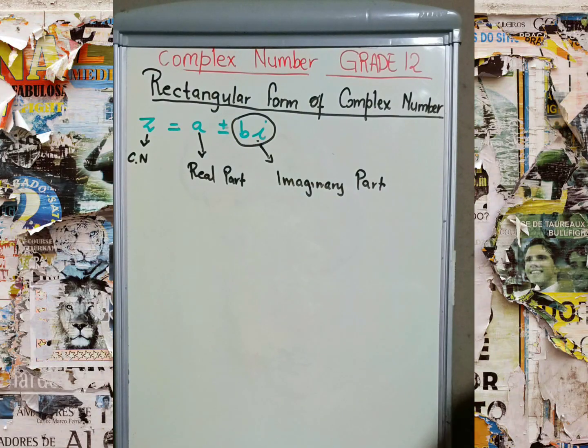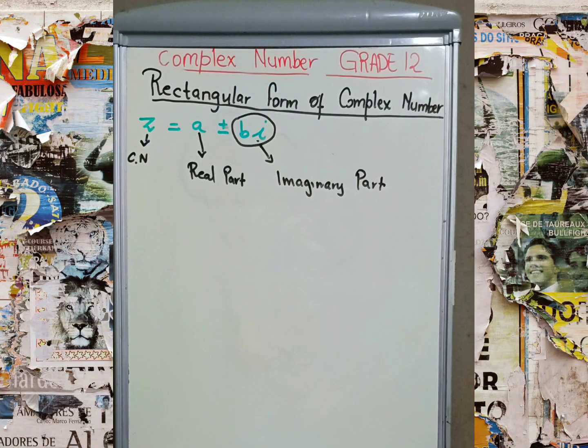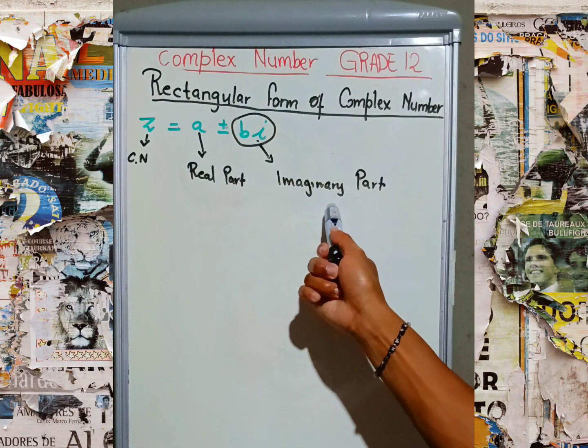Remember the introduction I did in the previous video on complex numbers. I said that a complex number is just the combination of real numbers as well as imaginary numbers.